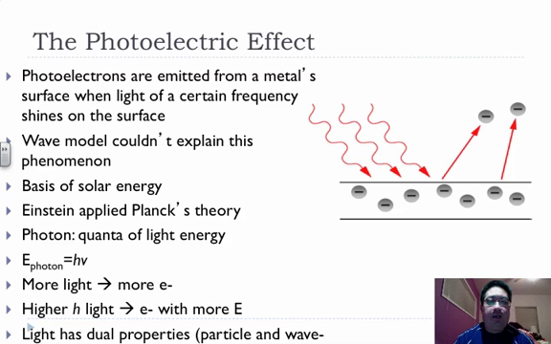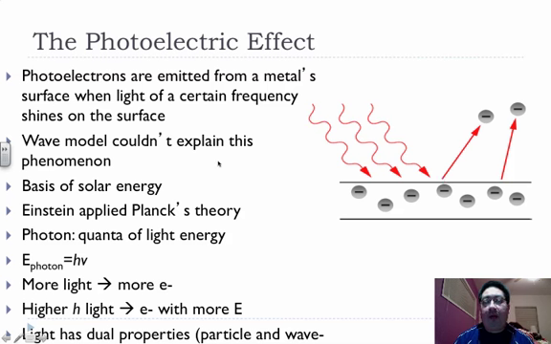And here's the photoelectric effect. I know this is kind of hard to see, but the idea is that photoelectrons are emitted. Here's our metal surface, the thing with the two lines and minuses, and when light of a certain frequency shines on the surface, these red squiggly lines, if it has a high enough frequency or carries enough energy, electrons or photoelectrons will leave the surface.